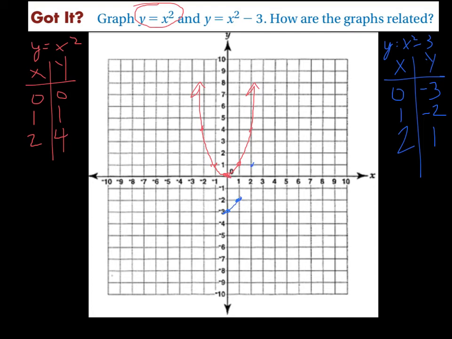So here is the right side of that graph, and if we go and use our idea of symmetry, we've got negative 1, negative 2, and we've got negative 2, positive 1. So we've got the other side of the graph. Okay? And now look at what happened to our graph. Look at what the difference is in these two graphs. All of the points from the vertex here in the middle to this point over here, this point, all of these points have simply shifted down 3 units.